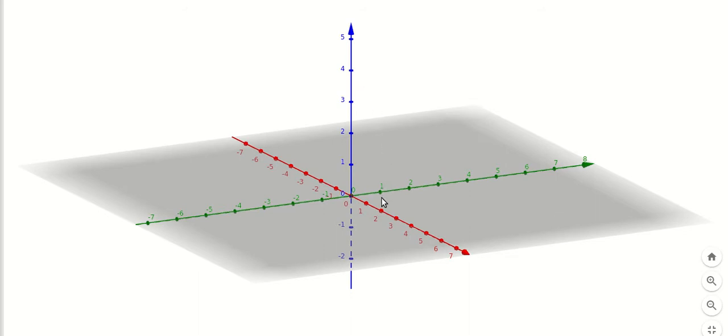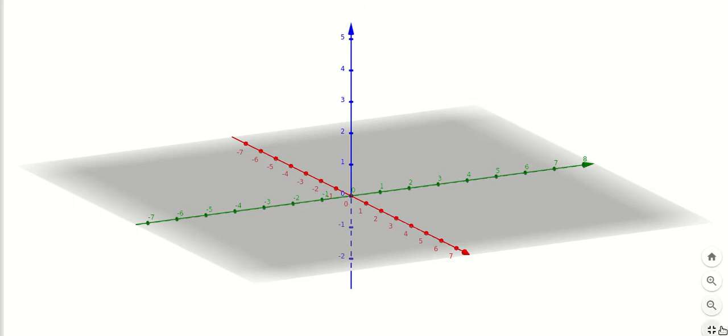In some books you can find that the unit vectors along the x-axis, y-axis and z-axis are denoted as x cap, y cap, z cap. That's not a problem. Different books have different notation.